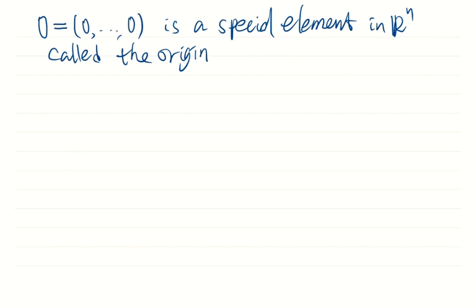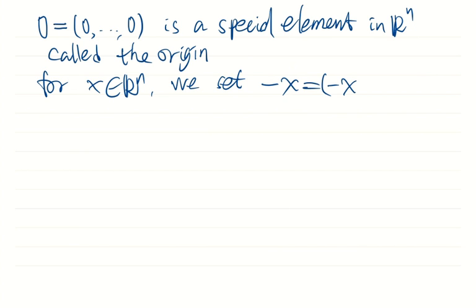Before studying the properties of the operations, we introduce this special element, the origin. Also, for x in Rn, we can define a new element in Rn called minus x, whose components are minus x1, ..., minus xn.